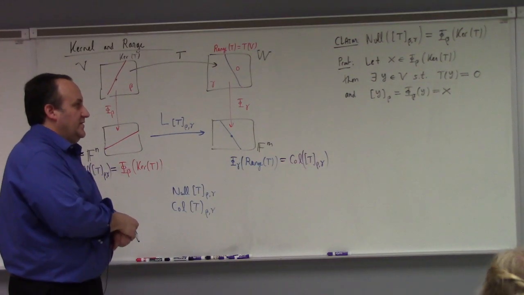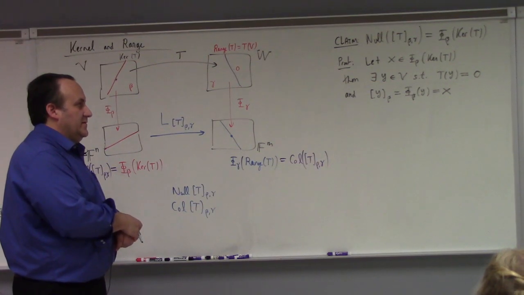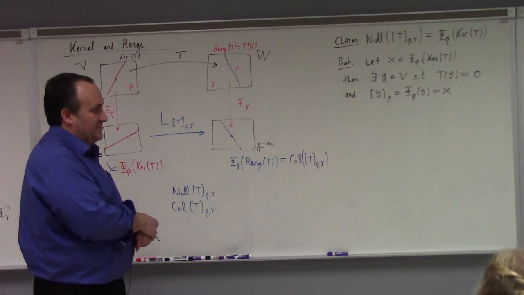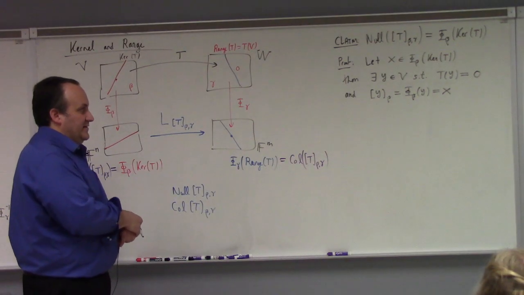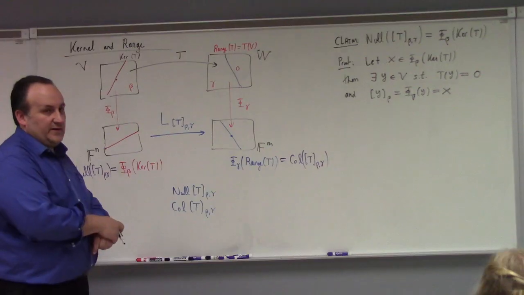Right? For something to be in the image of the kernel, that means that there's some vector in the kernel that maps to 0. And if it's the image under β, that means that it's actually the coordinate vector of that thing that maps to 0 that we're talking about.